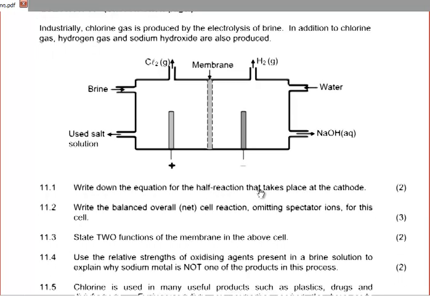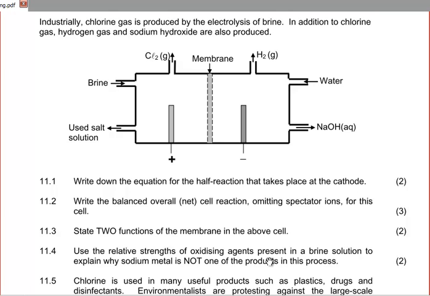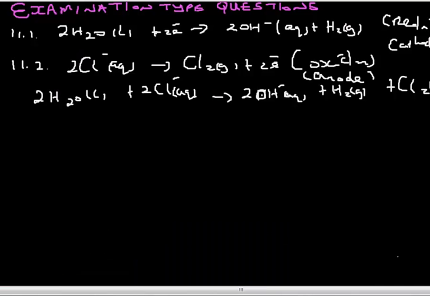Use the relative strength of oxidizing agents present in a brine solution to explain why sodium metal is not one of the products in this particular process, right? So if we look closely at our chemical reaction on question 11.4, we are comparing the reduction reactions for sodium and water.